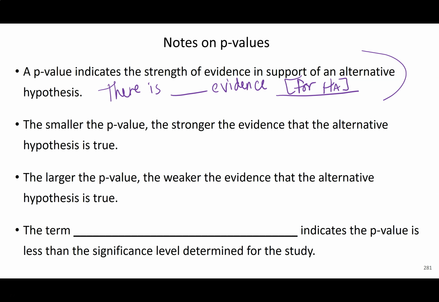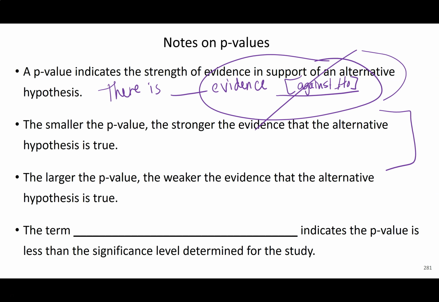Trust me, it's a lot easier than saying against the null, where you end up using a lot of double negatives. It gets really gross really fast and is very difficult to understand. So just stick to the format that we have. The smaller the p-value, the stronger the evidence for the alternative. The larger the p-value, the weaker the evidence is.